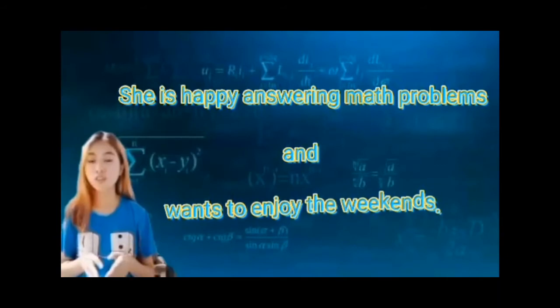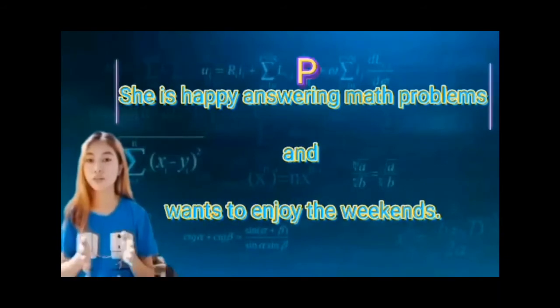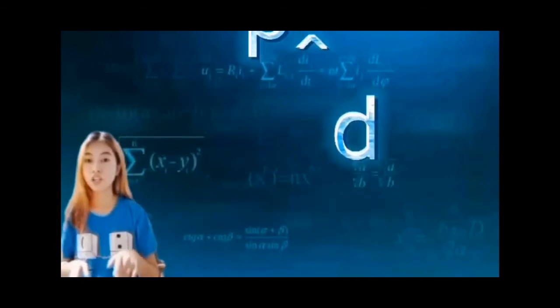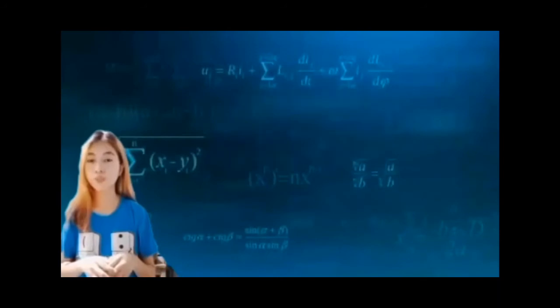The first statement is P, and the "and" is a conjunction, so I use this symbol. And the second statement is Q, so I use this symbol to connect these two statements. P, conjunction, Q. That's all.